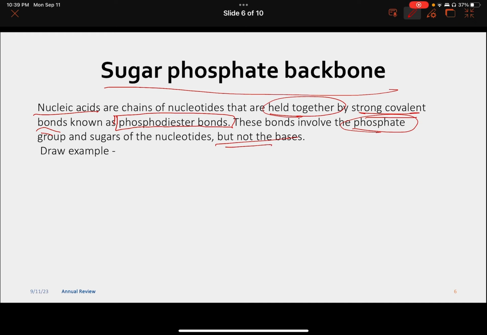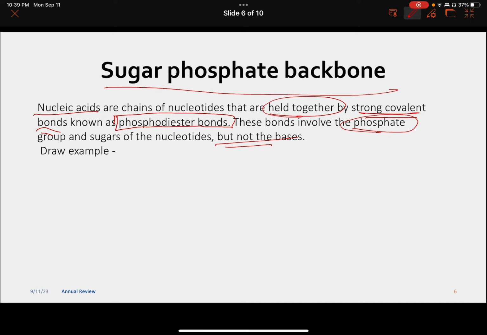So here I'm gonna elaborate more on this sugar phosphate backbone. And I'm going to talk about how in a nucleotide, an ester linkage exists, right? Between the phosphate group and the 5-carbon of the sugar.